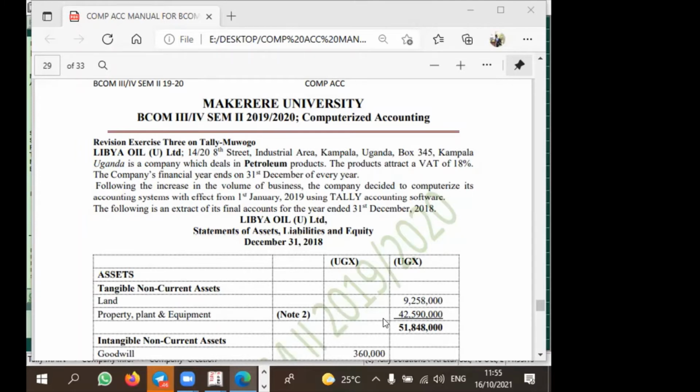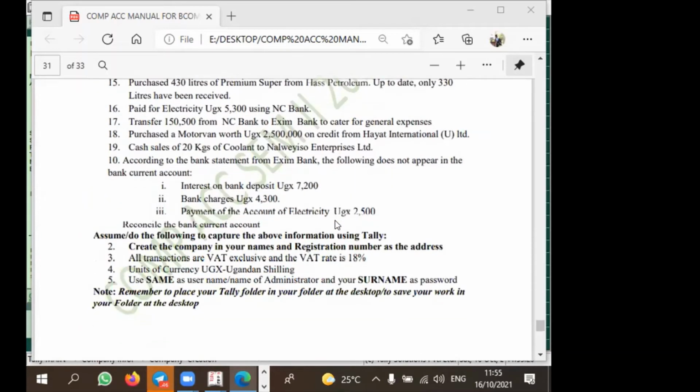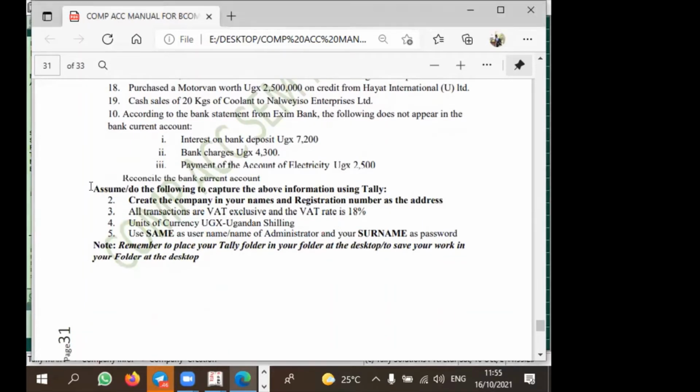Now, down here, what you're required to do, you are to assume or do the following to capture the above information using Tally. Create the company in your name and registration number as the address.